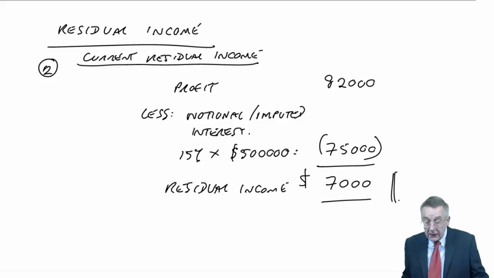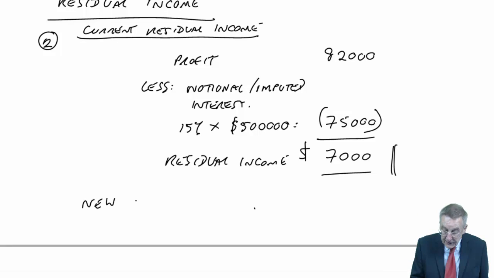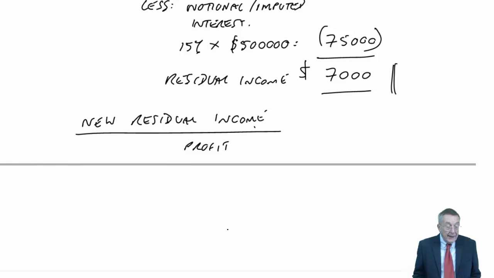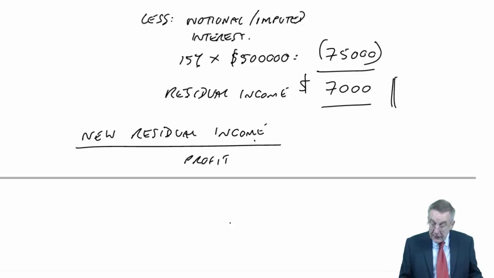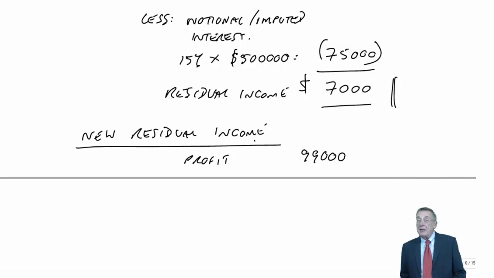So still in example 2. The manager, if they're being measured this way, they're going to say, well, if I take the new investment, what happens to the residual income? We know the profit will go up. In example 2, it goes up by 17,000 to 99,000. But he also knows, because there's been new investment, this notional interest will go up.